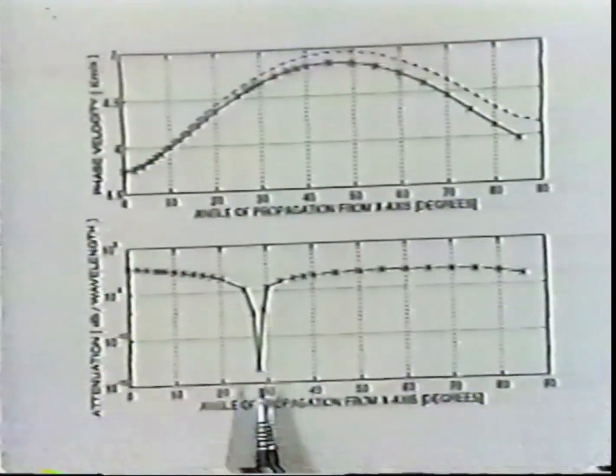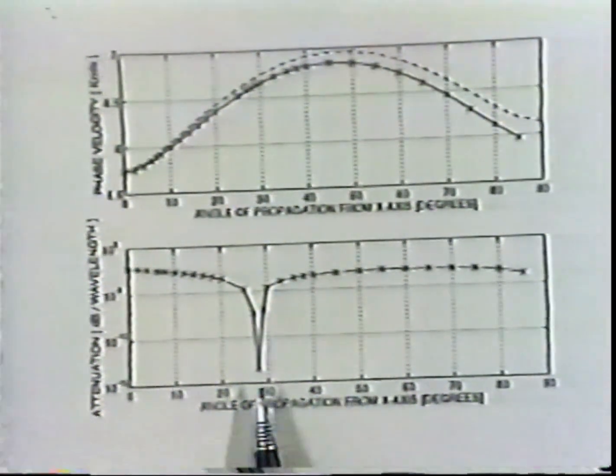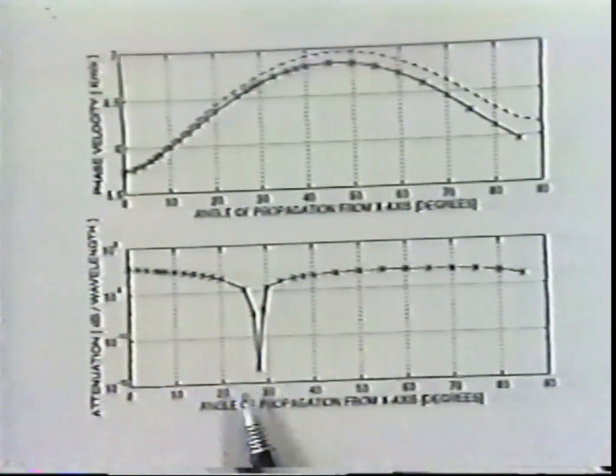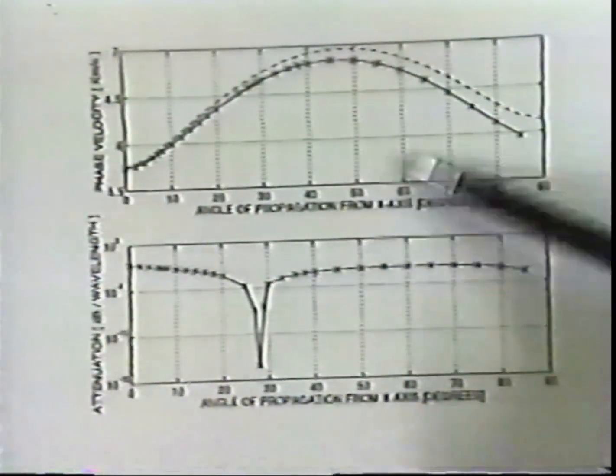So we have a coincidence here. We're not sure whether the two are linked or not, but that is what we find in our calculations. The upper curve, of course, is the velocity. The dashed part is the bulk wave velocity as you go around the 90 degrees, and the solid with the X's is the actual high velocity pseudo-SAW solution. So this is the velocity and this is the attenuation going together with this solution.